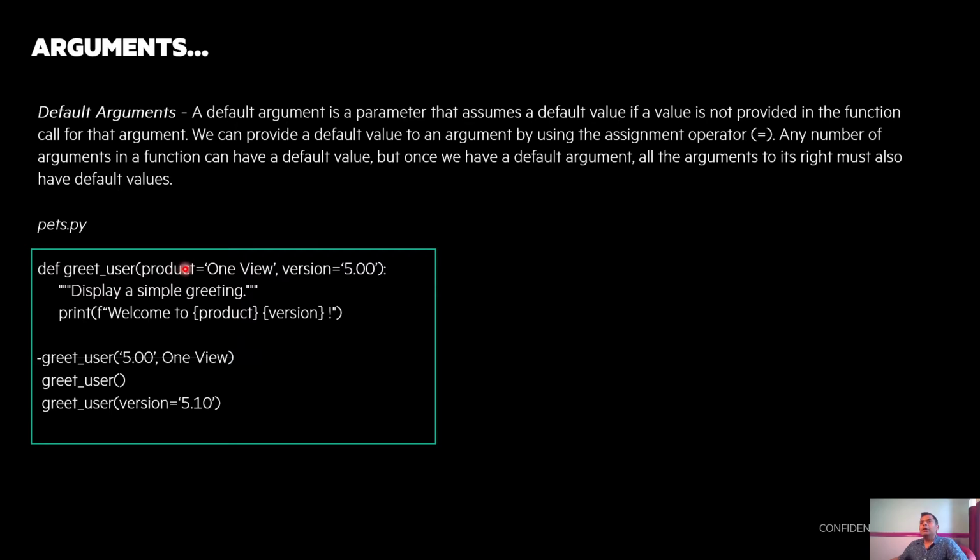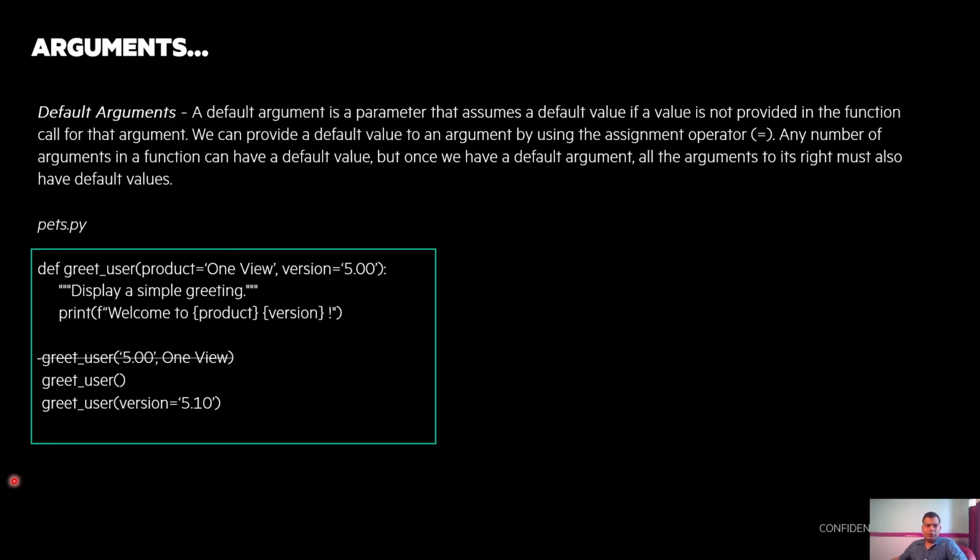We are saying product equal to default value One View, version default value 5.0. In the first call, we use greet user without passing any argument or parameter, so it will take the default values, product One View, version 5.0. In the second one, we pass the version 5.10, but we have not passed the product. In that case, One View will be used as the default product value, but the version we are rewriting, so it will be 5.10.